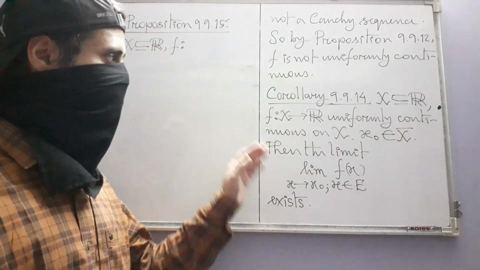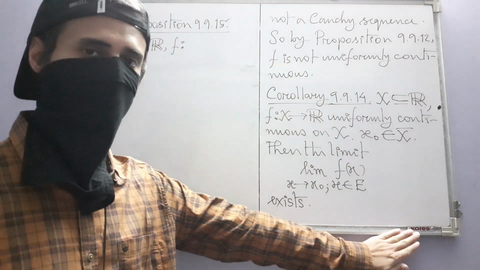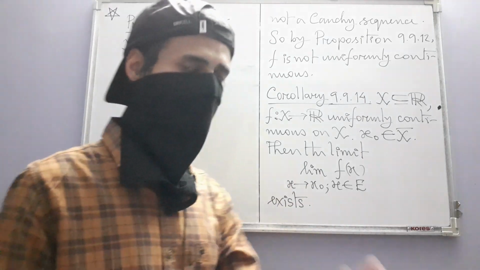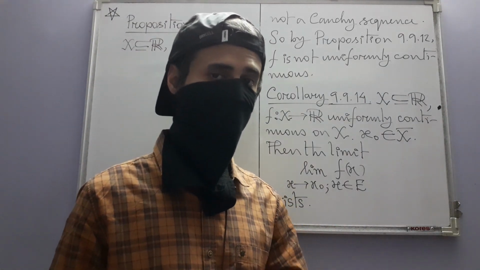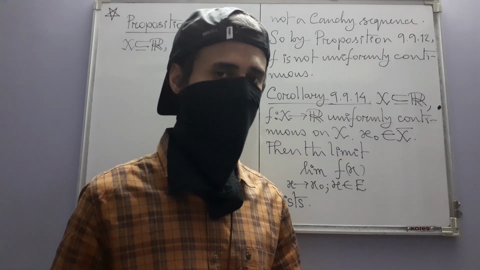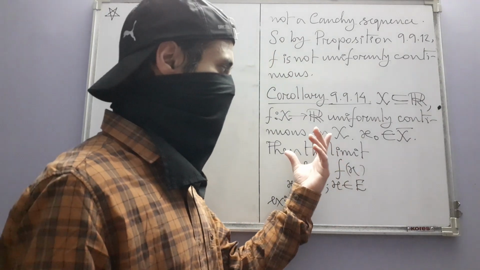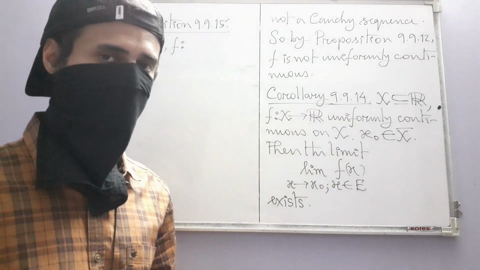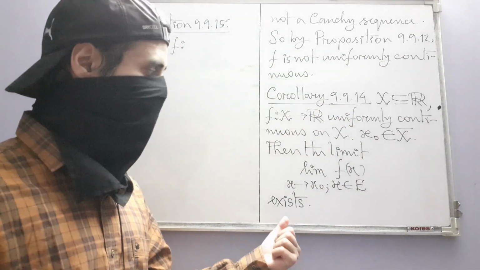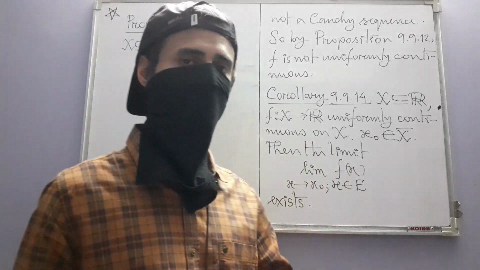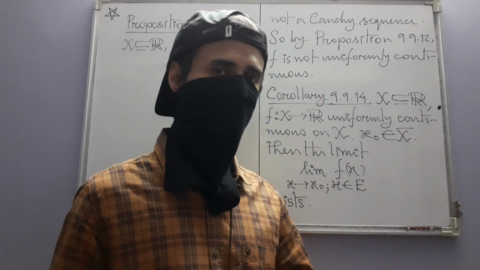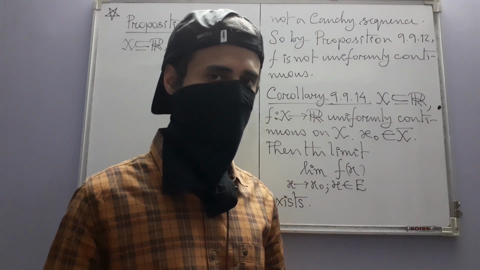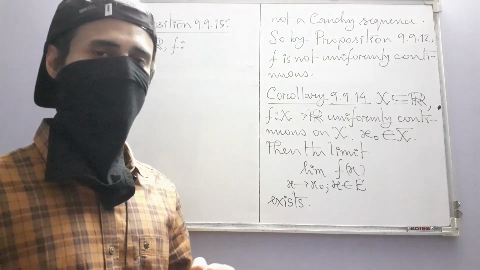Instead, if we have just the results like this, and first we go through the results themselves, digest what they are trying to say, digest their meaning, and then see how those things are happening in the application. Application means in the examples. And then only one after another we go to the proofs of these results. I think that way of going through the things more solidifies these notions.